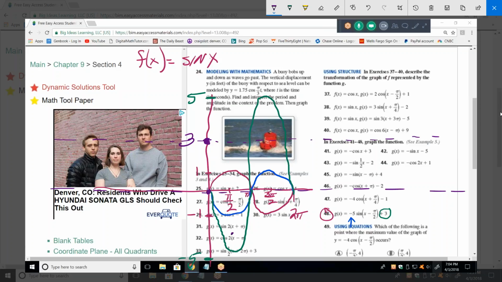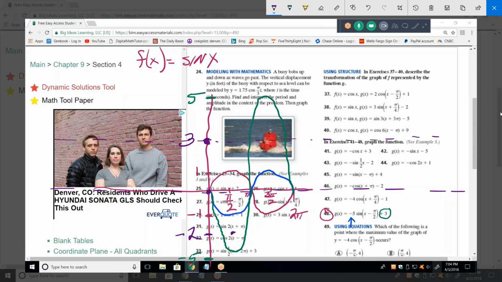What's that label going to be? That's going to be -2. Yes. In other words, it's going to be 3 units higher than -5. And this one I've got labeled correctly. Yeah, no, we're okay.